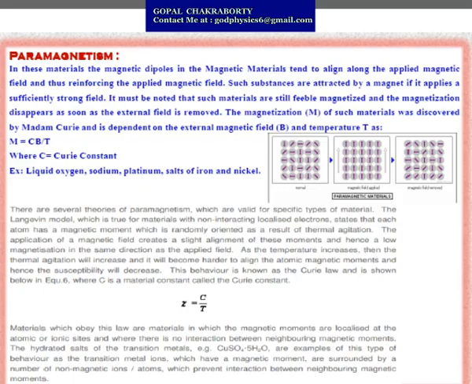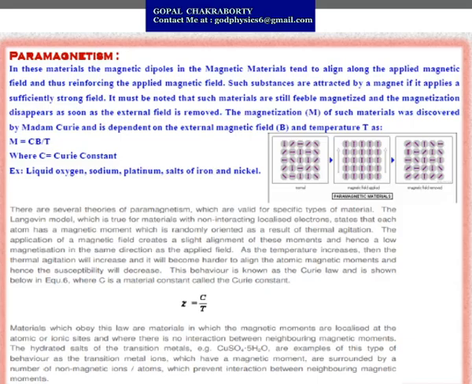As the temperature increases, the thermal agitation will increase and it will become harder to align the atomic magnetic moments, and hence the susceptibility will decrease. This behavior is known as the Curie law. If C is the material constant called Curie's constant, then chi equals C by T.